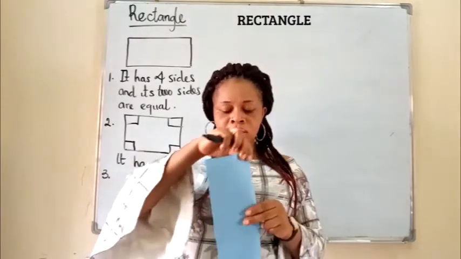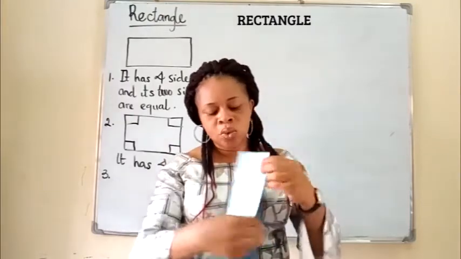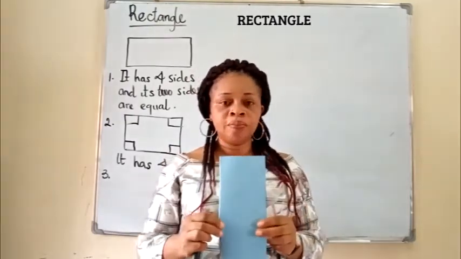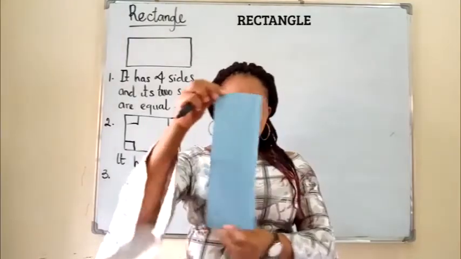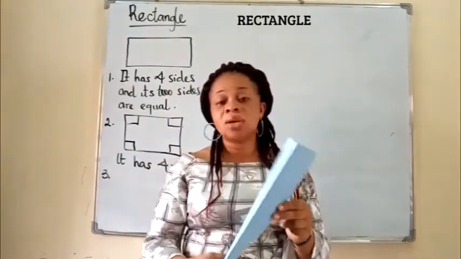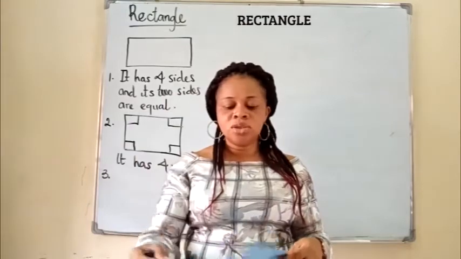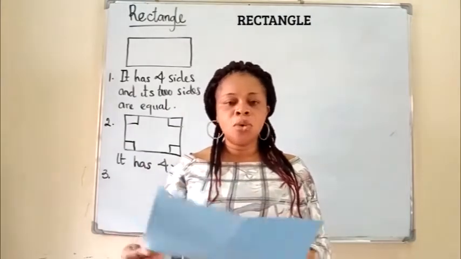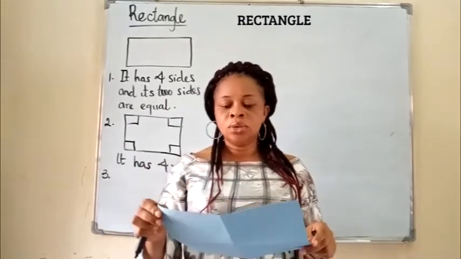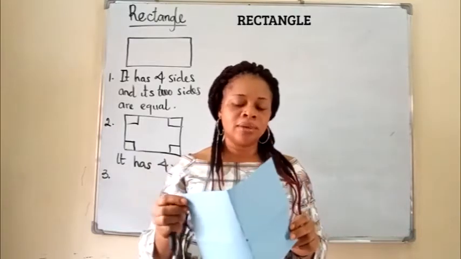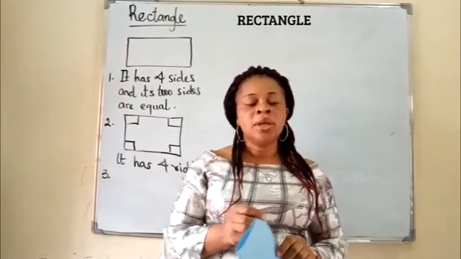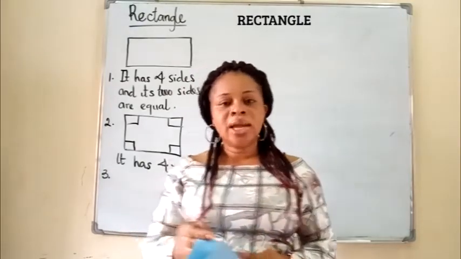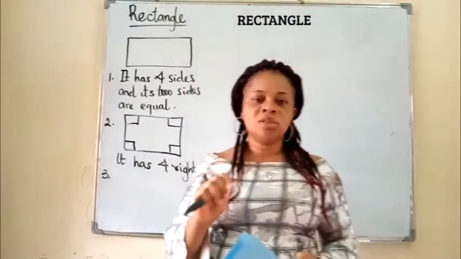Another way is we fold it this way. I'm getting another identical halves, giving us the second line of symmetry. There is no other way I can fold this rectangle to get another identical halves. It's unlike the square. In a square, we can get four lines of symmetry.